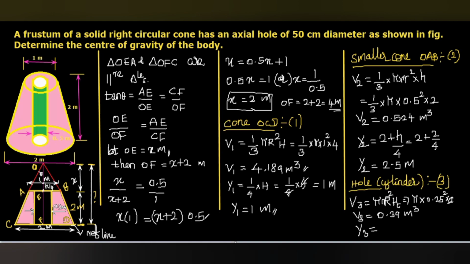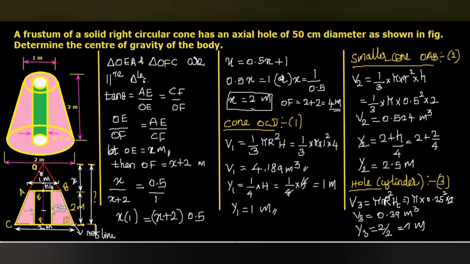And Y3. We know the formula for a cylinder. From point F, it will be half of the height, because CG3 will be here. For a cylinder, it is as usual like the rectangle. Because the base of the axial hole lies on the reference line CD, it is only half of the vertical height, that is 2 by 2, that means 1 meter.